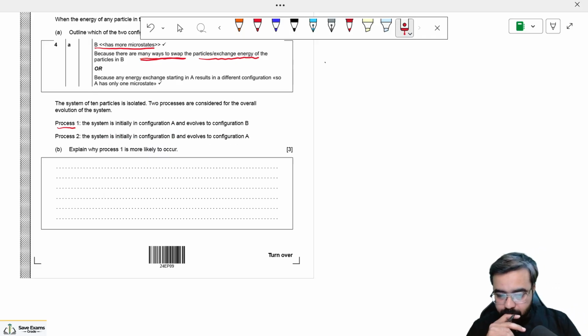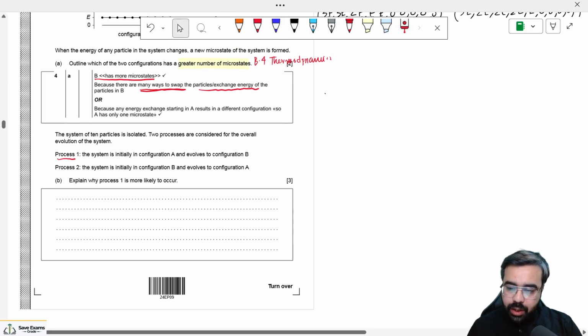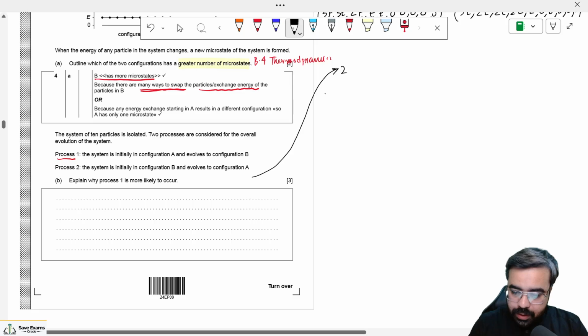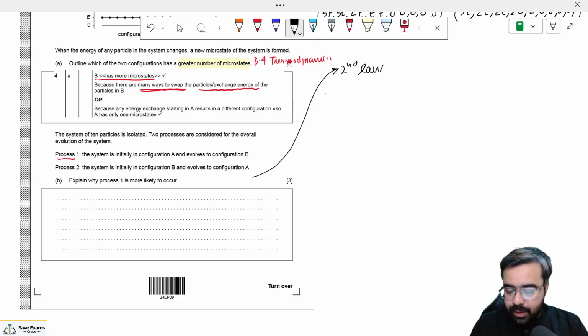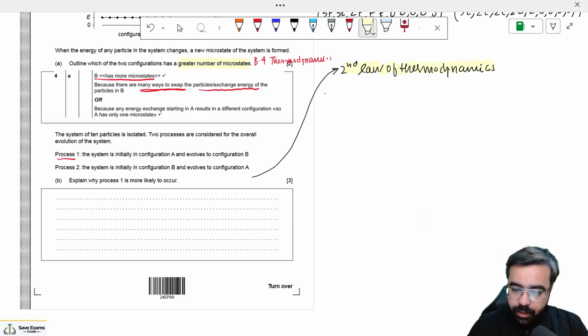Now here I would like to mention the second law of thermodynamics, because the second law says that if your system is not reversible, then the net change in entropy will always be positive.